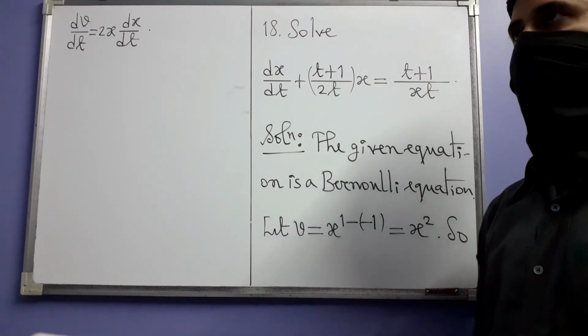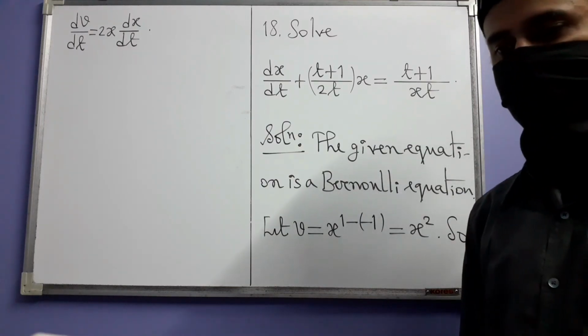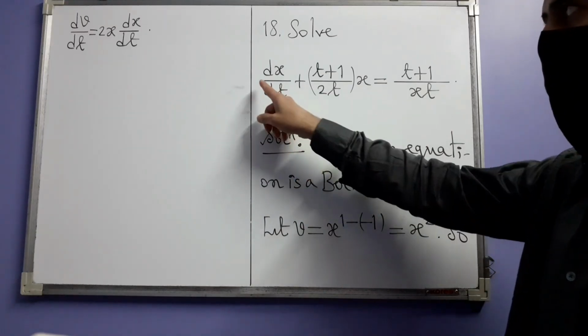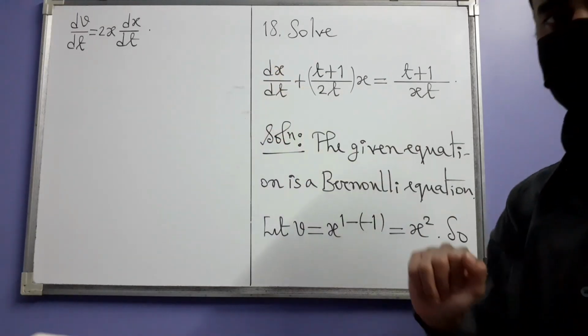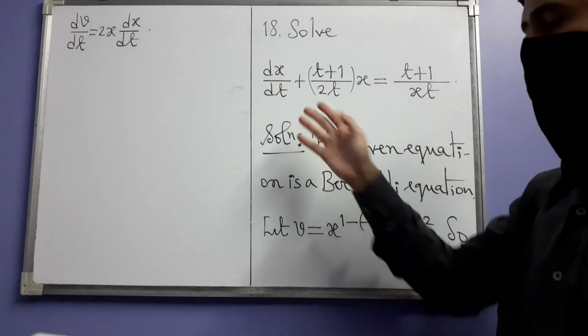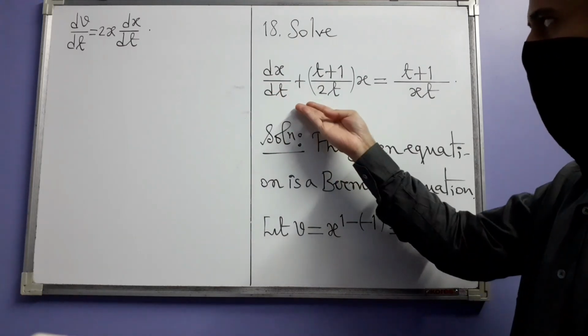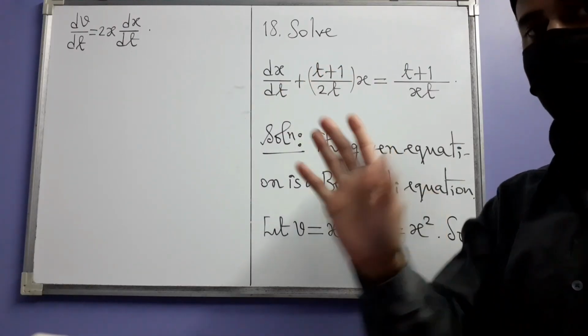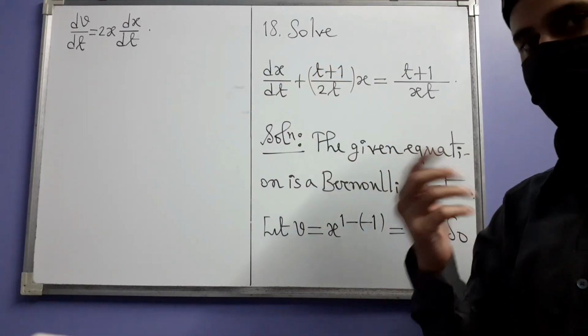This equation is not a linear equation, and also it cannot be turned into a linear equation because already there is nothing with dx/dt. So you do not have to divide by anything. The equation already is in a form where the derivative part is alone. But even then it is not linear.